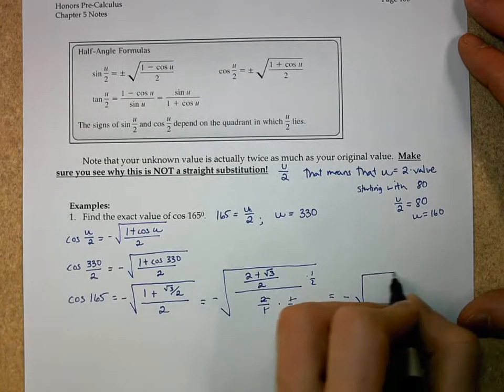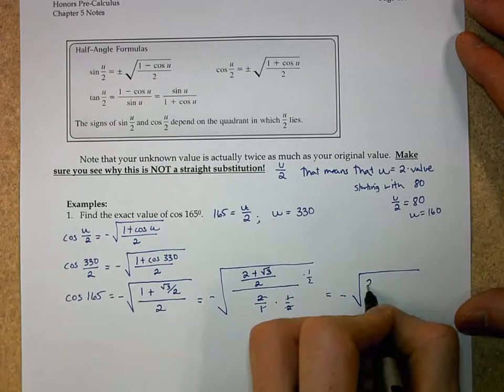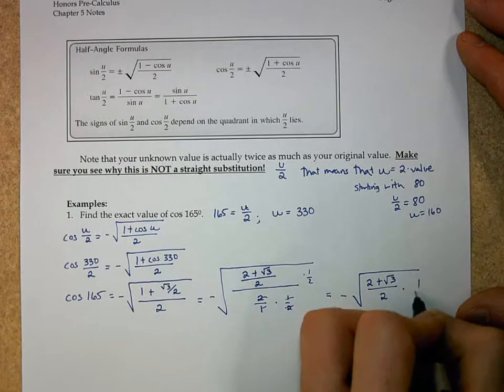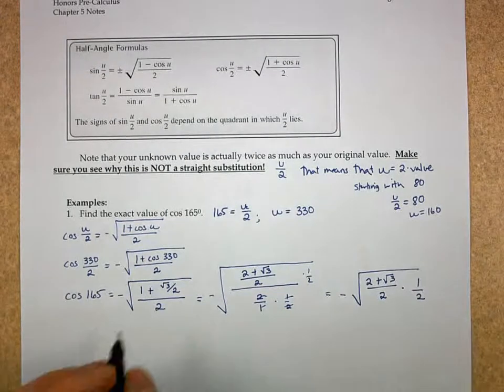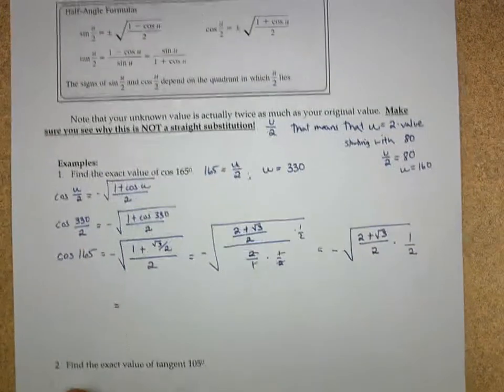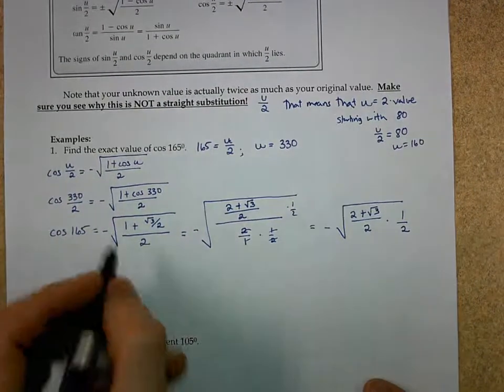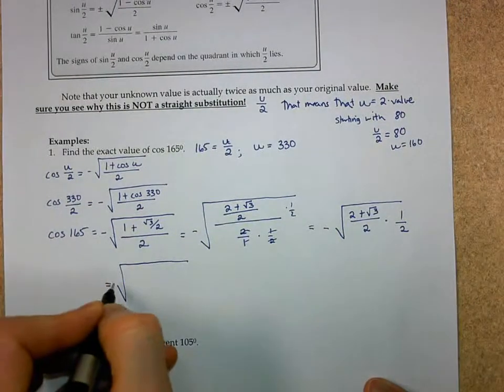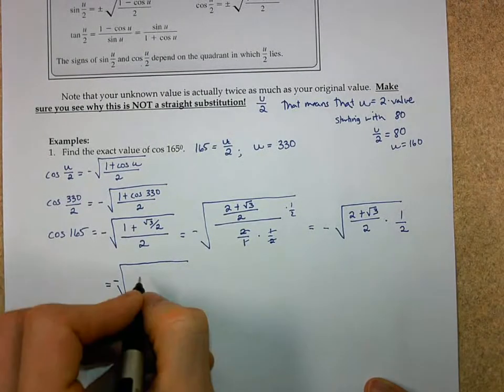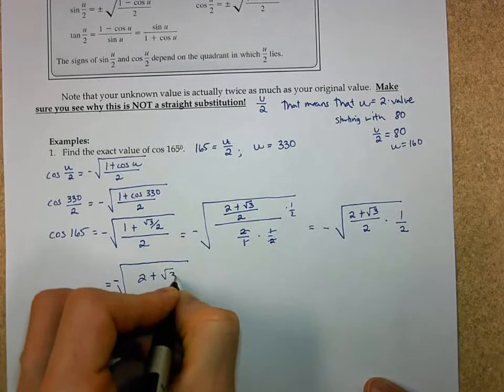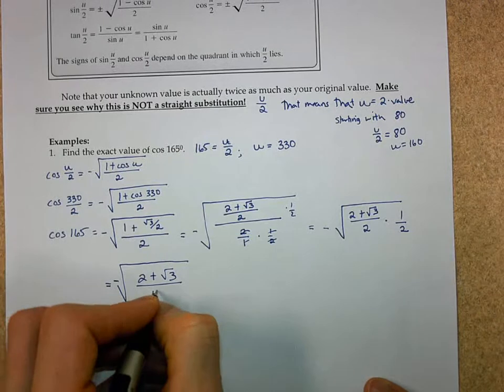So now I've got negative, and then underneath the square root, 2 plus square root of 3 over 2 times 1/2. Which is really the negative still in front, 2 plus the square root of 3 over 4.